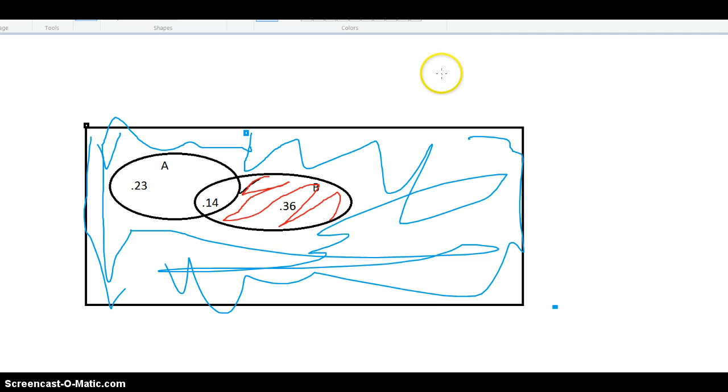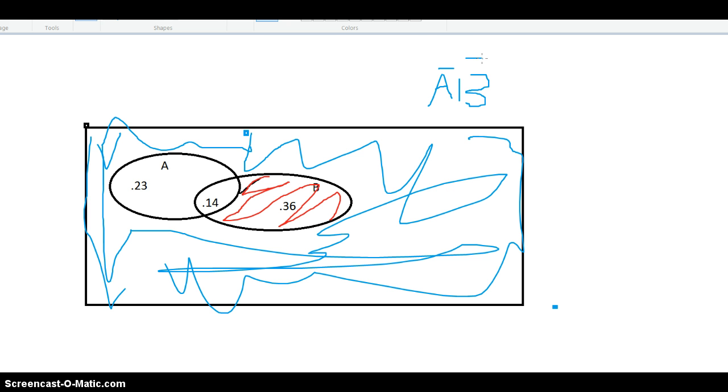So how do we find the probability of A bar B bar? That's the section not only outside of A but also outside of B. If we know the probability of the entire box is 1, then if we take the 2 circles away from 1, we get the outside.